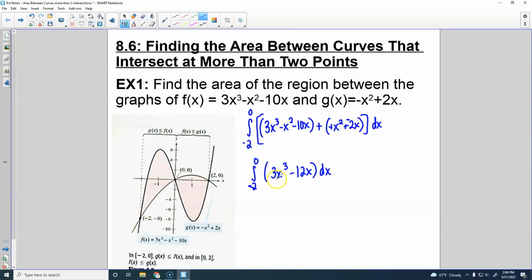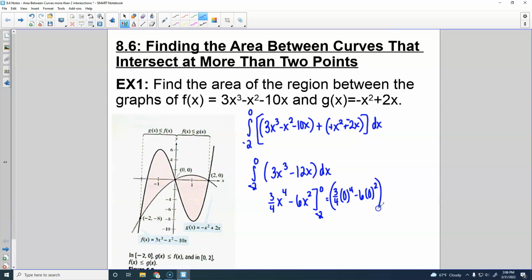All right, so to integrate that, we are going to do x to the 4th. We'll have 3/4 here, and then we'll get minus 6x squared. We will evaluate that from 0 to -2. So we'll have 3/4 times 0 to the 4th minus 6 times 0 squared.